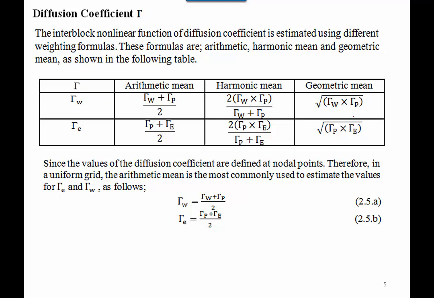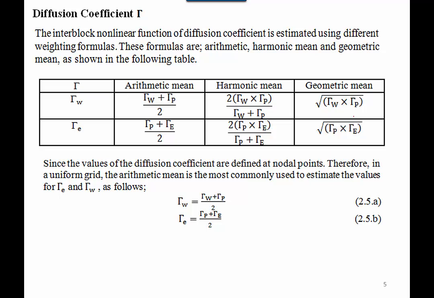So in general, suppose the gamma value is constant over the whole domain, then there is no need to use any of these methods. And if the gamma values change with any variable, with the position or with the temperature, say you are studying the temperature distribution, and the thermal conductivity is gamma, and this thermal conductivity is a function of temperature.